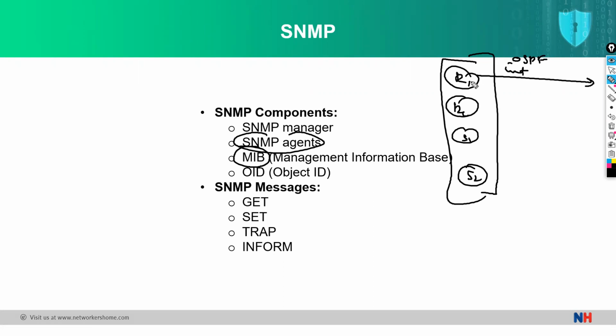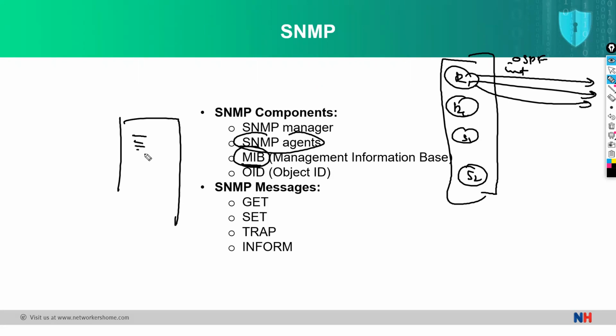The interface related things can be sent to the manager, and the temperature related things can be sent to the manager. All these values will be present in the management information base, MIB. In the MIB there will be a lot of values, and each value is called an object ID. So these are the components of SNMP.